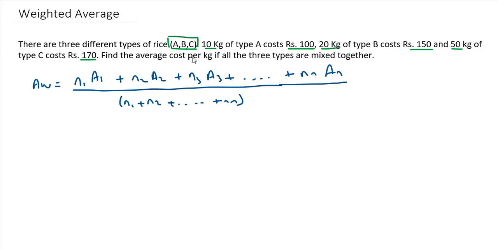We have been asked to find the average cost per kg of all the three types if they are mixed together. So we will apply this formula of weighted average, which will be equal to weight of the first group into the average of the first group, which is 10 into 100, plus weight of the second group into average, which will be 20 into 150. Then the third group, it is 50 into 170.